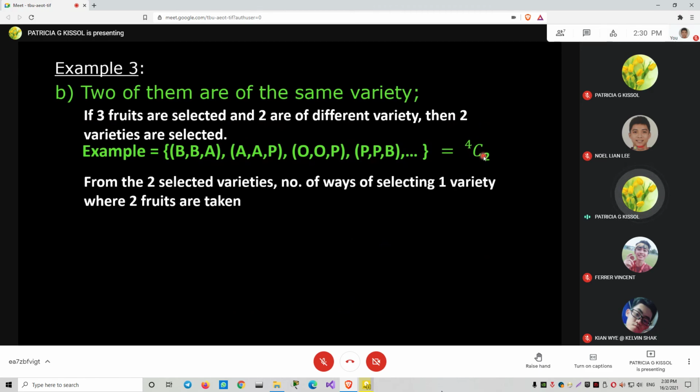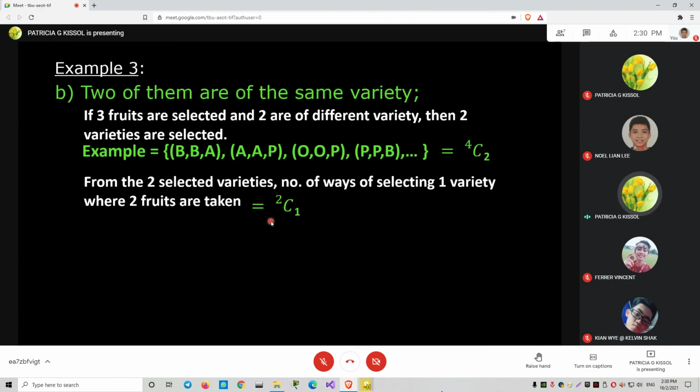And from the 2 selected varieties, the number of ways of selecting one variety where 2 fruits are taken is basically 2 combination 1. So we only can choose from another 2 fruits.